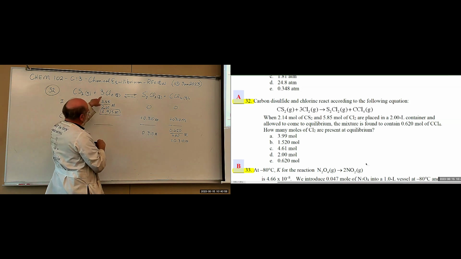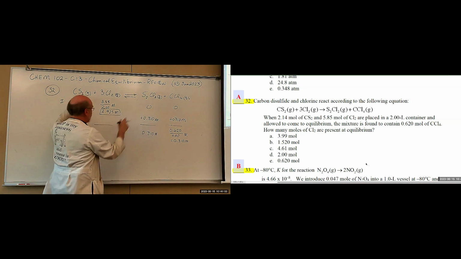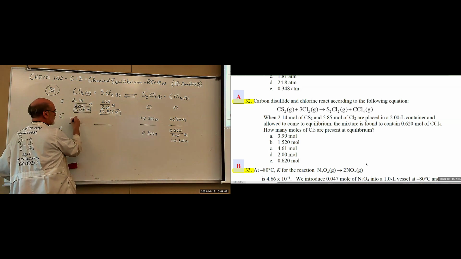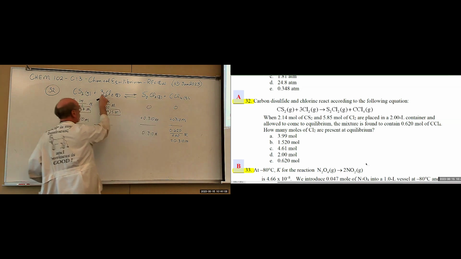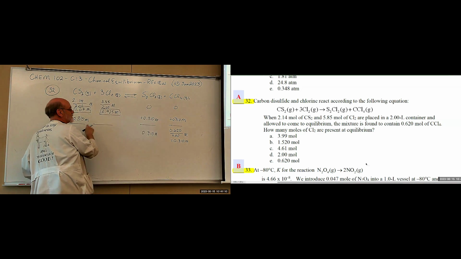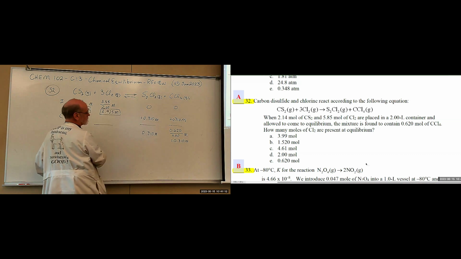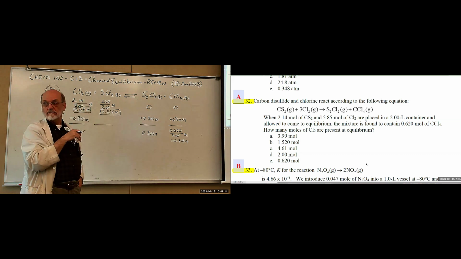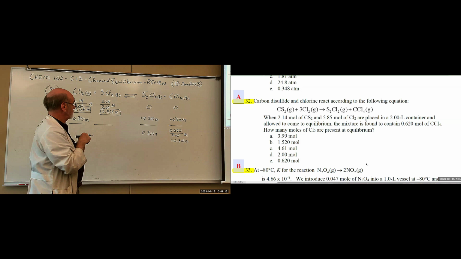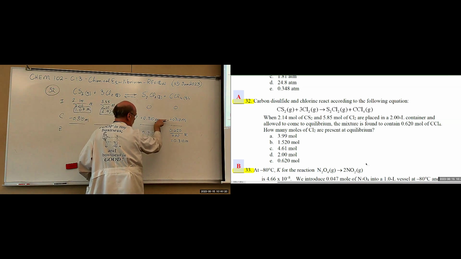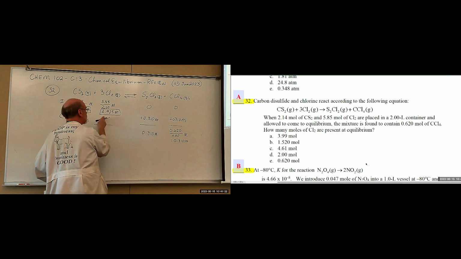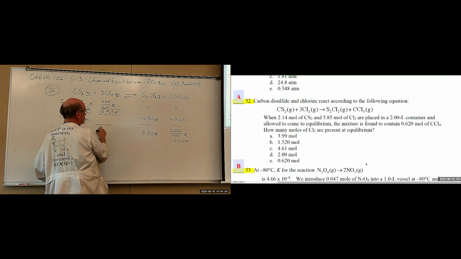So how much did we lose over here in that change? Well, this one we lost exactly the same amount. 0.310 molar was lost because it's 1 to 1 to 1. But this one, 3 times as much was lost from here, correct? Because of the stoichiometry. 3 of these, if we add that much over here, we lost 3 times that much over here.